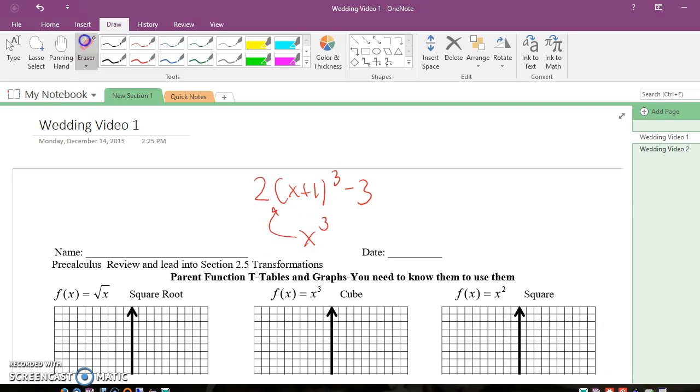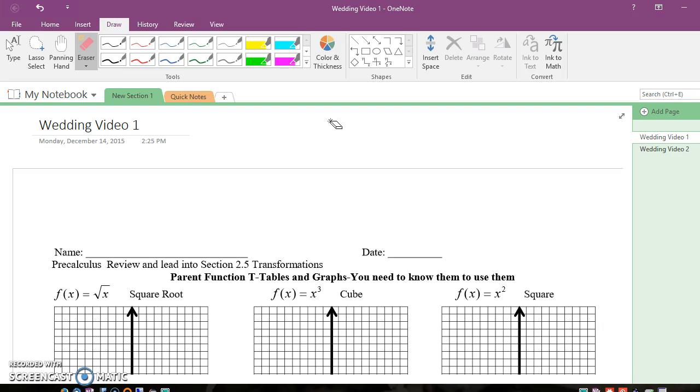So that's the goal. And to get there, you first have to know what the parent functions are and know their anchor points. So that's what this worksheet is about.